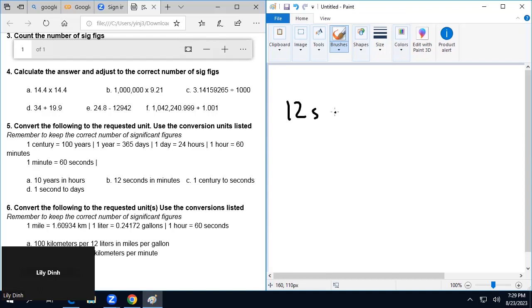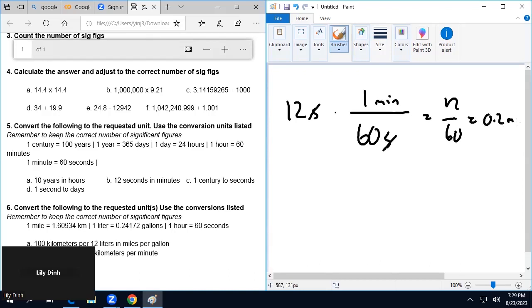What did you multiply 12 seconds by to get to that? I did dimensional analysis. I put the line, and at the bottom I put 60 seconds because I know there's 60 seconds in a minute. So I put a minute up there, and I thought, okay, I need to cross out the seconds, and then I divided by 60, and I got 0.2, and I knew that the only thing left was minutes, so I put minutes.